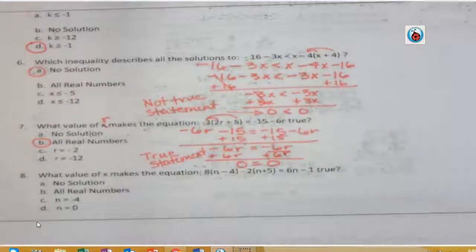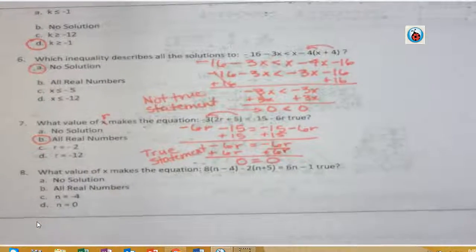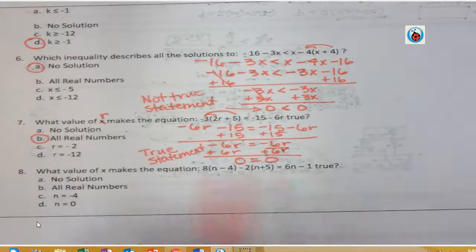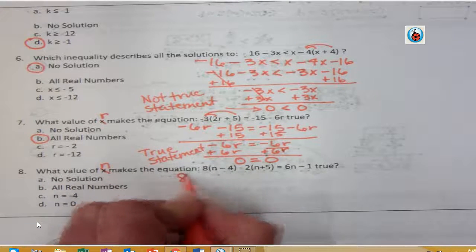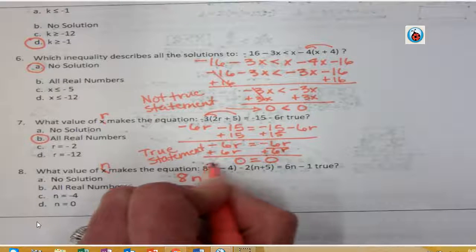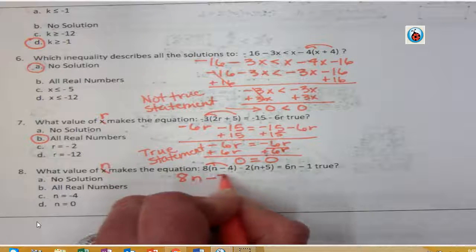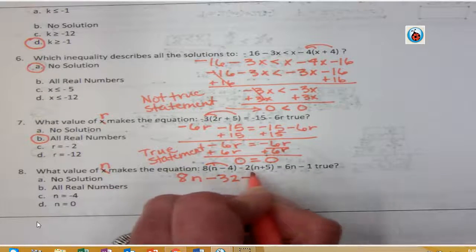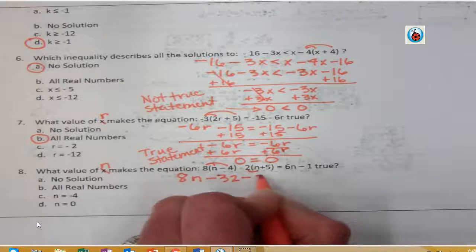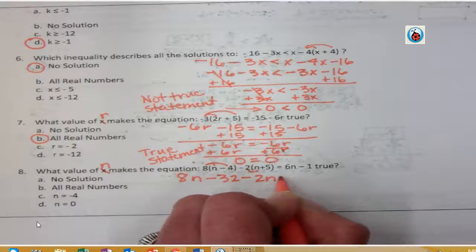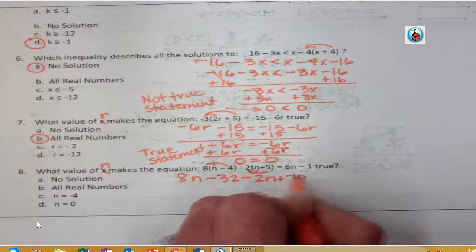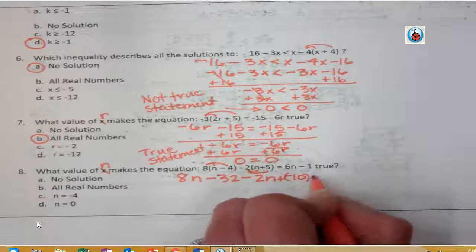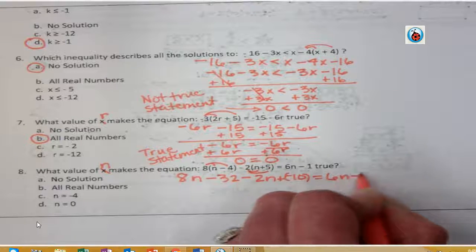Okay, what value of x makes this true? It should be n. So we have 8n. I'm going to distribute my 8 minus 32, minus, I'm going to distribute my 2n plus -10. I jumped the gun on that, equals 6n minus 1.